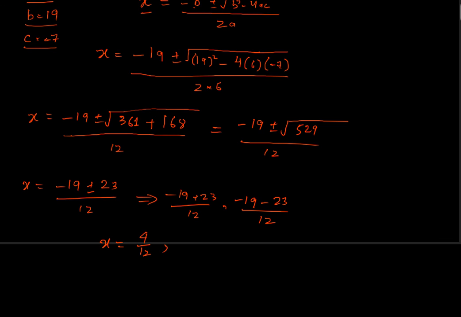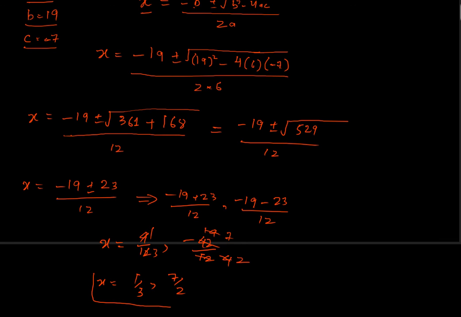And negative 19 minus 23 is negative 42, so negative 42 divided by 12, which simplifies to 7 over 2. So x equals 1/3 and x equals 7 by 2.